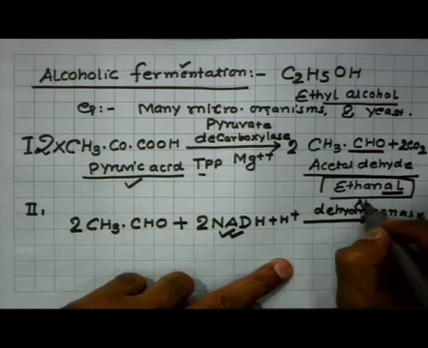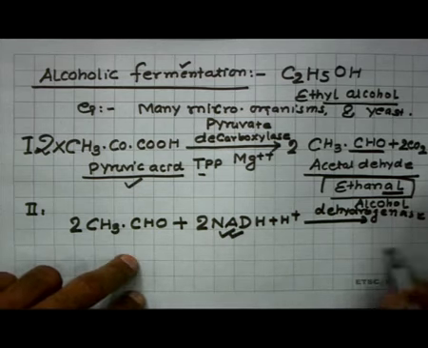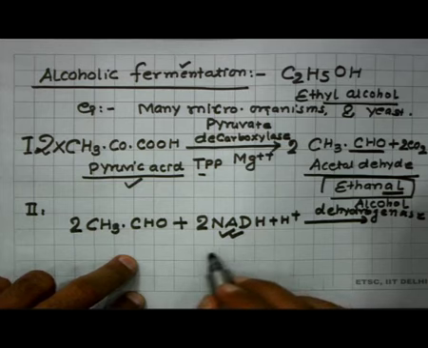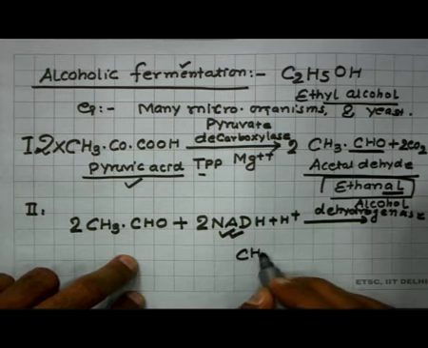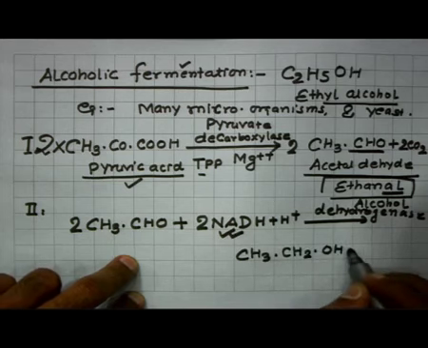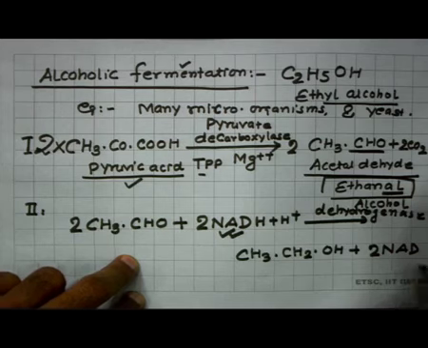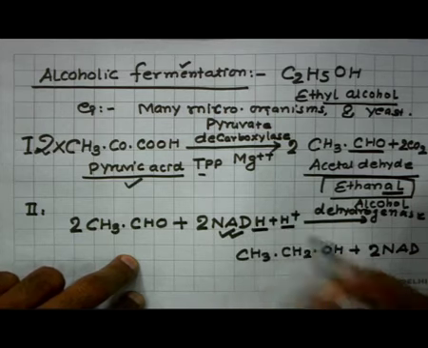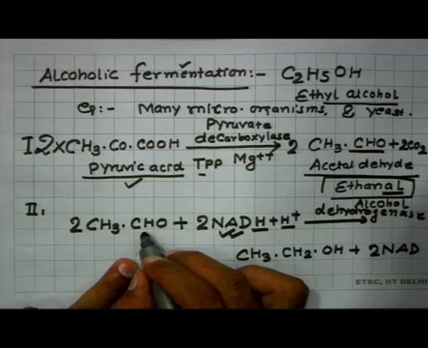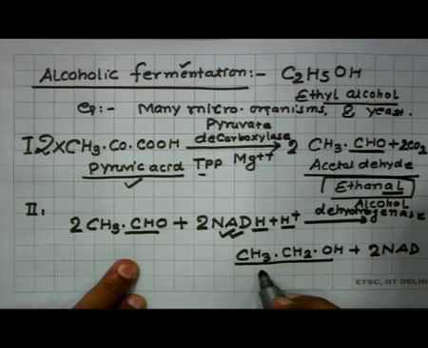The product is alcohol, so we can say alcohol dehydrogenase. Now, it forms CH3CH2OH plus twice NAD. These 2 hydrogens are used for the conversion of acetaldehyde into ethyl alcohol, also called ethanol.